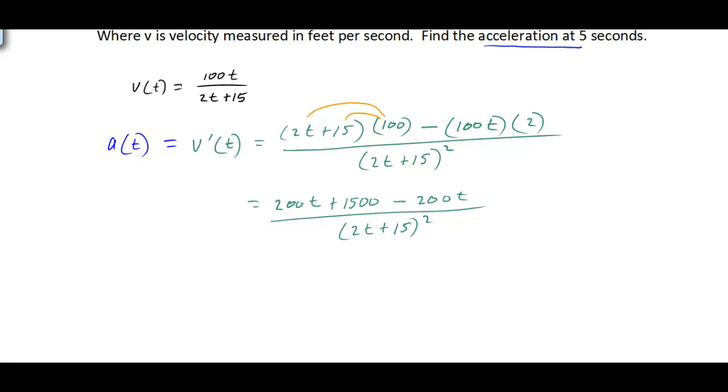So from this, we can determine our acceleration. Once we simplify this, 200t minus 200t is simply going to be 1500 over 2t plus 15, the quantity squared. Now, given this function, we want to determine what is the acceleration at 5 seconds.